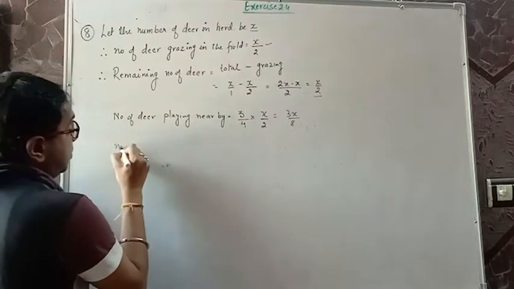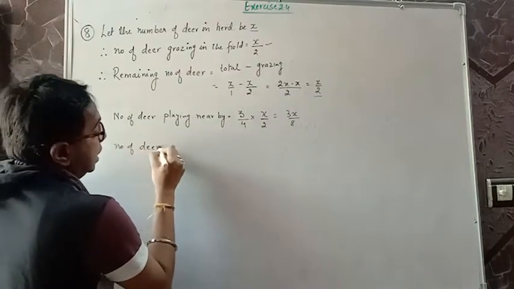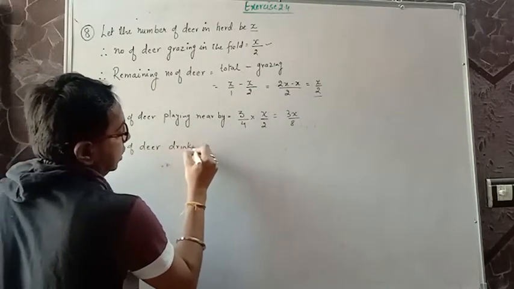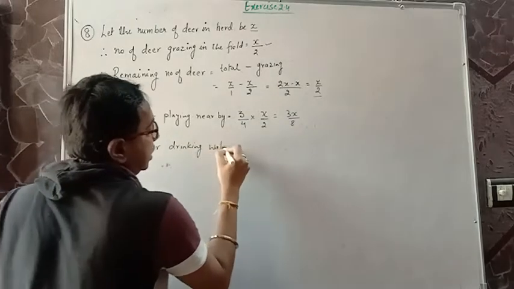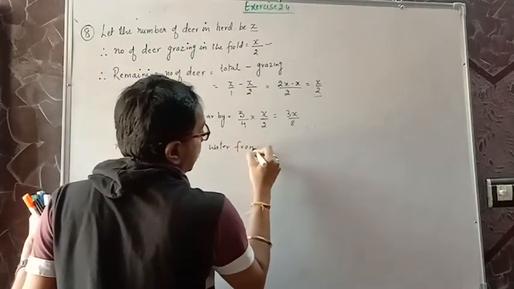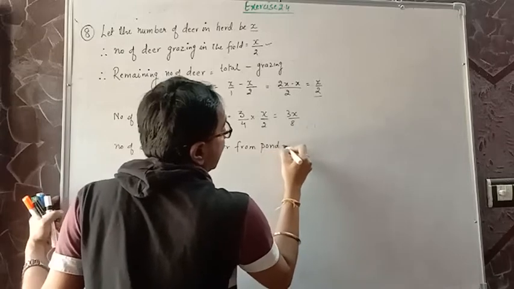Now, the number of deer drinking water from the pond, that is 9.